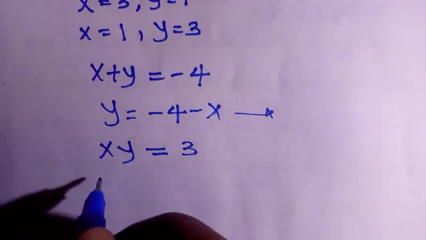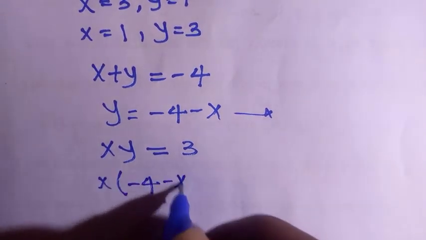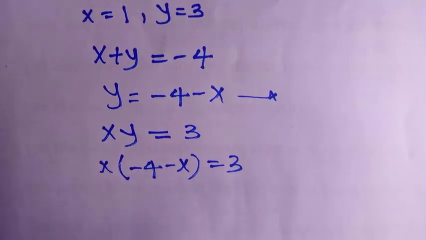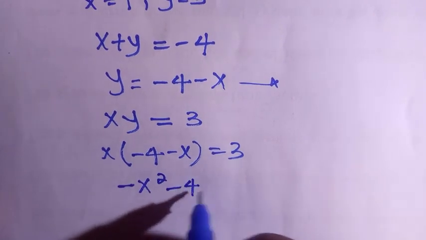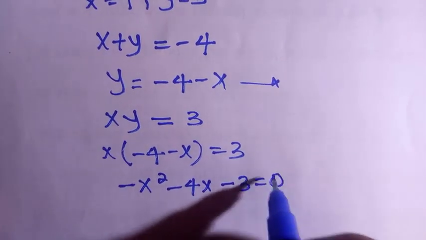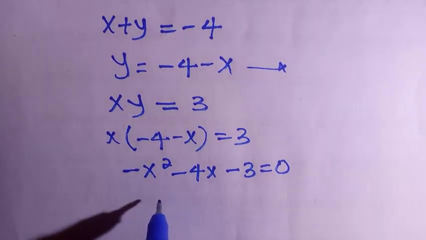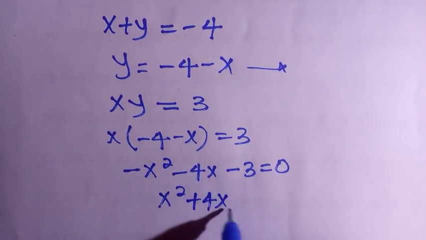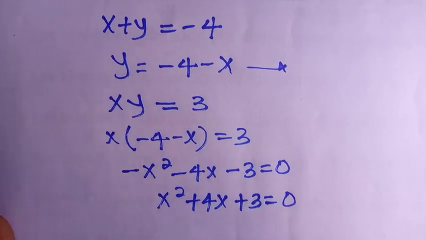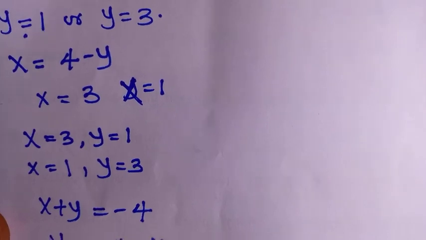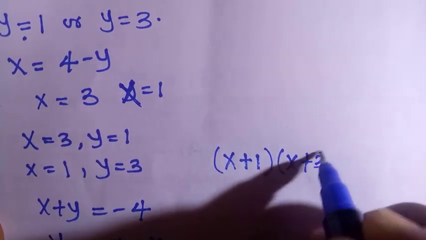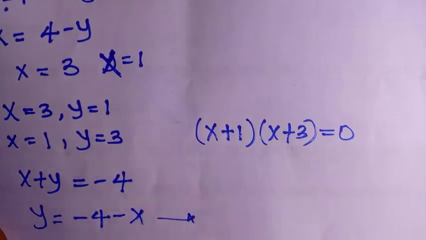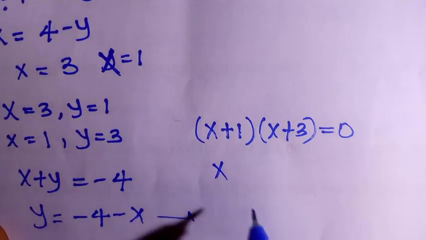Anywhere we see y, we replace it with negative 4 minus x, so x times (negative 4 minus x) equals 3. Expanding this, we have negative x squared minus 4x minus 3 equals 0, and multiplying by negative throughout, we have x squared plus 4x plus 3 equals 0. Factorizing, we have (x plus 1)(x plus 3) equals 0, so x equals negative 1 or x equals negative 3.